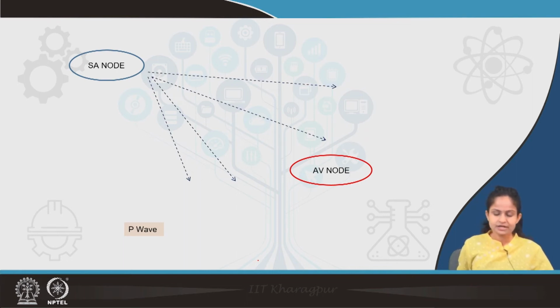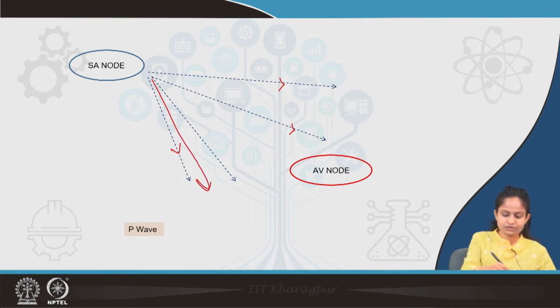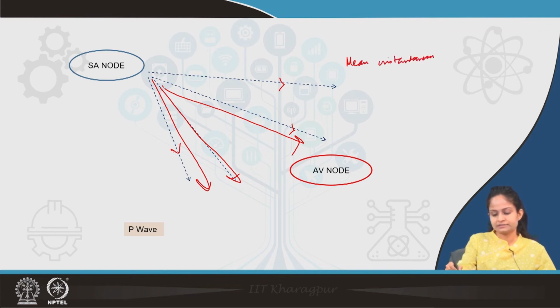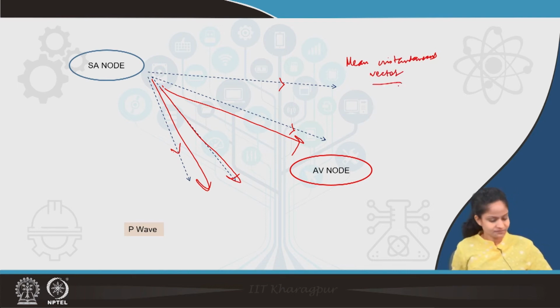We can see various instantaneous vectors travelling from the SA node to the AV node, but our ECG records the mean of all these vectors, which is known as the mean instantaneous vector. The direction of the mean instantaneous vector is from the SA node to the AV node.